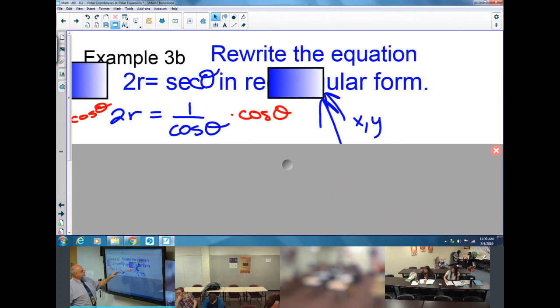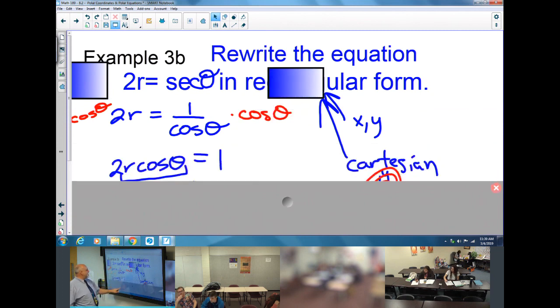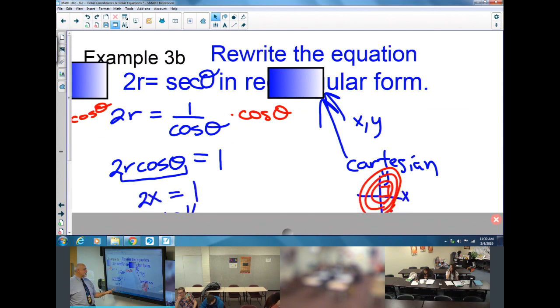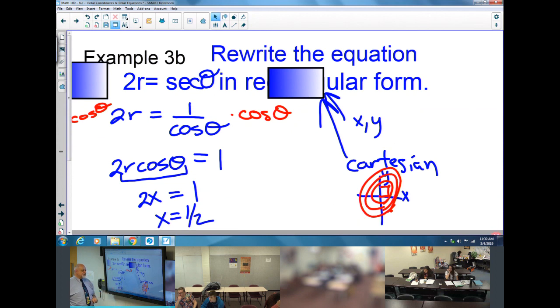And so then this will cancel, leaving you with 1 equals 2r cosine theta. And then you say, okay, wait a second. What's r cosine theta? That's just x. So 2x equals 1. And then if you solve that for x, you'd get x equals 1/2.